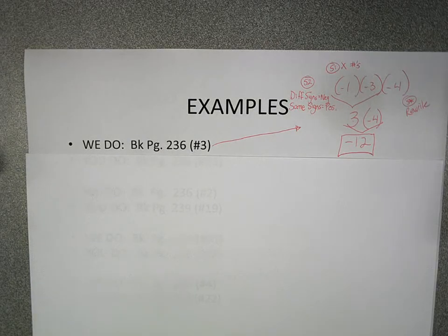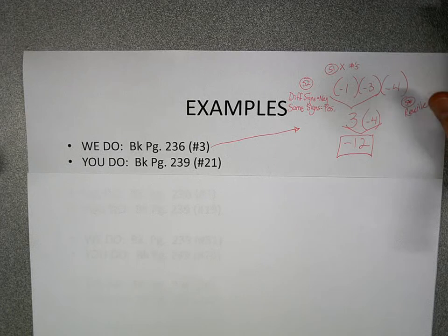Okay, so with that said, here's what I'd like you to do. Flip over to page 239 of your book, which is your homework, and try out problem 21. I'll give you about 30 seconds. Go.